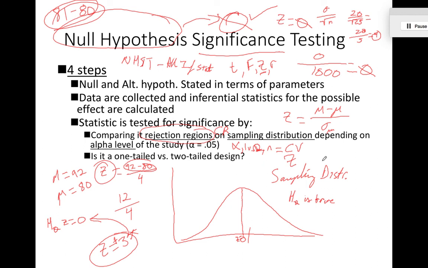So in other words, how do I find out where my regions of rejection begin here on my sampling distribution? I have to find my critical value. What is my critical value? My critical value tells me where my regions of rejection begin. What is my critical value dependent on? It's dependent on alpha level, if it's a one versus two-tailed test, and also sample size.